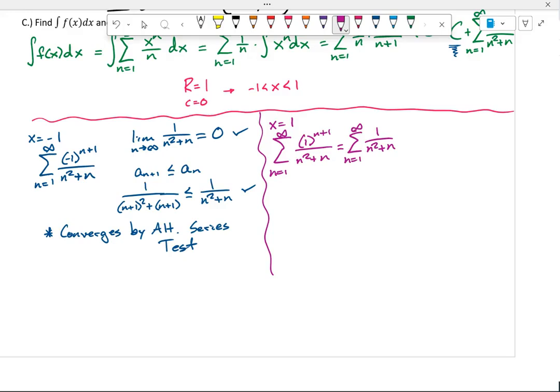P-series is going to be part of it, but this is not a P-series. If we do the nth term test, it's inconclusive because that's equal to 0. So you technically could use the integral test. I would not recommend it though.